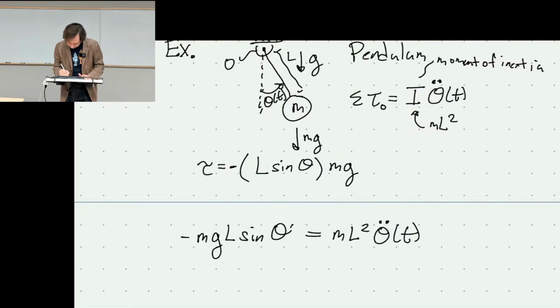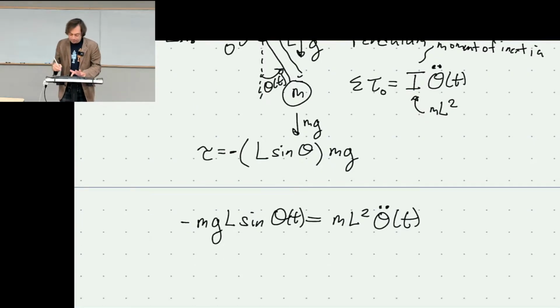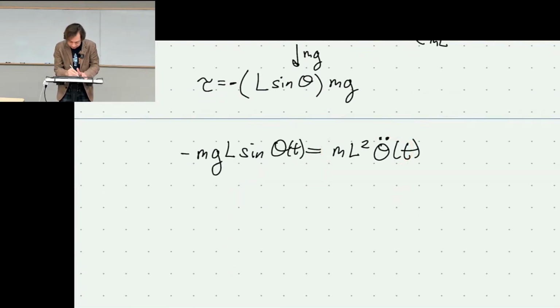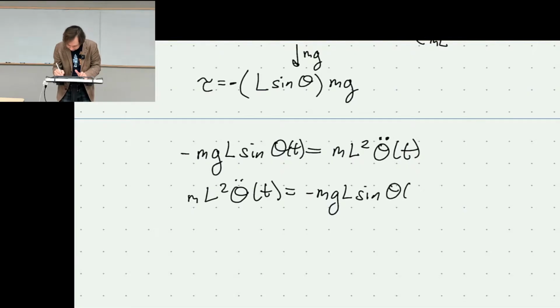And I forgot my of t here for sine of theta. I'm just going to rearrange this. I'm going to move this to the other side because it makes it look familiar to me. So it's going to be ml squared theta double dot of t is equal to minus mgl sine of theta of t.